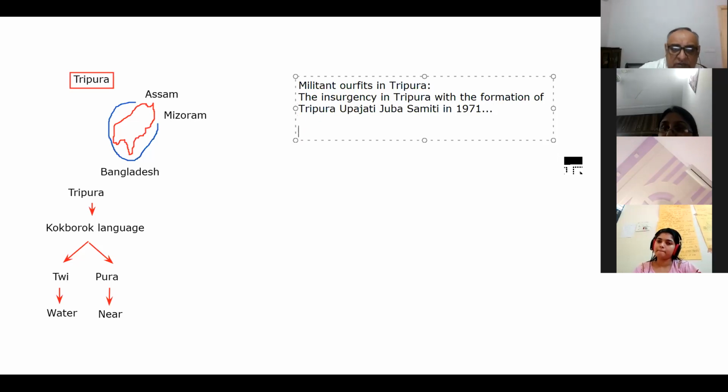And after that another group was formed, that is Tripura National Volunteers.